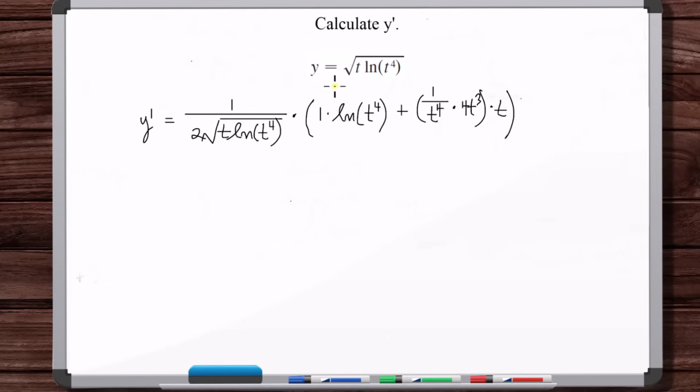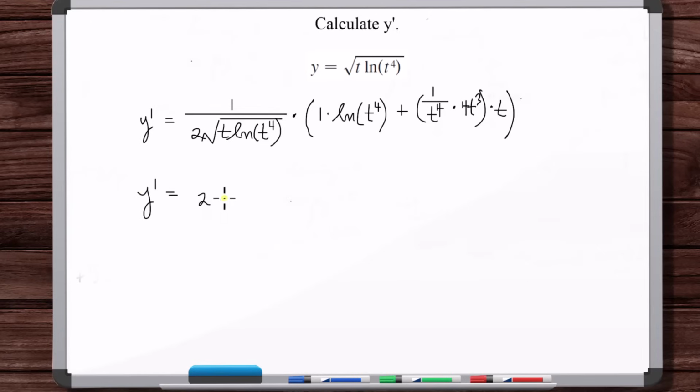Okay, so what have we done? Are we finished? We said the derivative of the square root of something is 1 over 2 square root of that something times the derivative of that something. And this is the entire derivative of what's inside the square root. So that's the derivative. But again, let's clean it up.